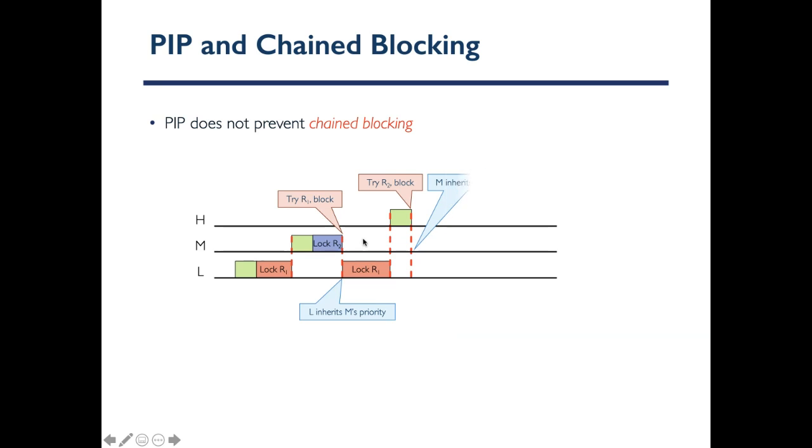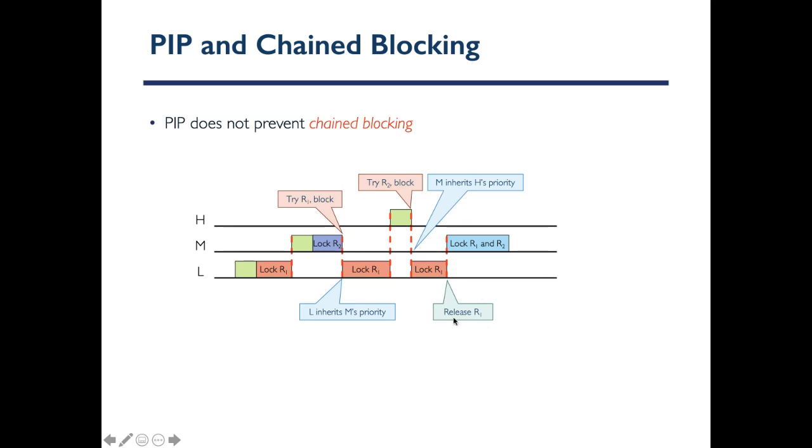So what happens is an M is locked by L. So in essence, at this point, M's priority will become H. M is going to be elevated to H because H is waiting for M. But then M is also waiting for L. So L continues, right?